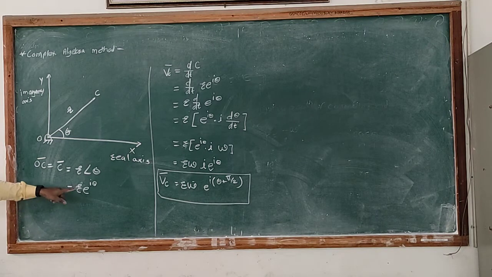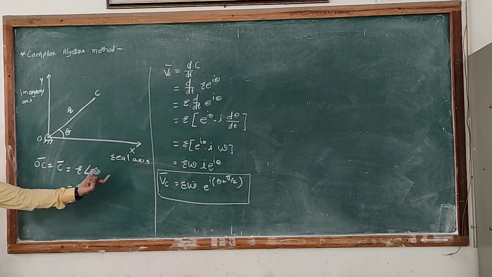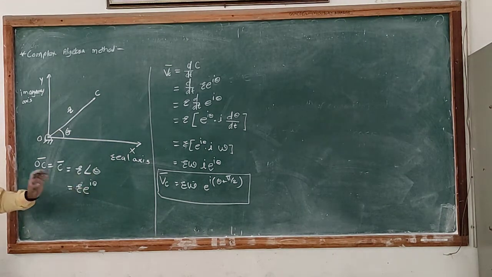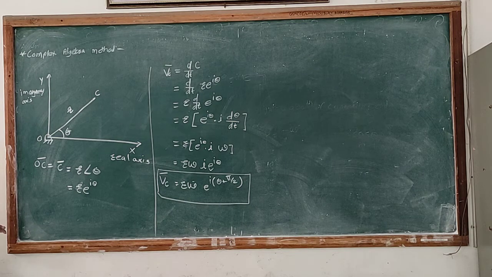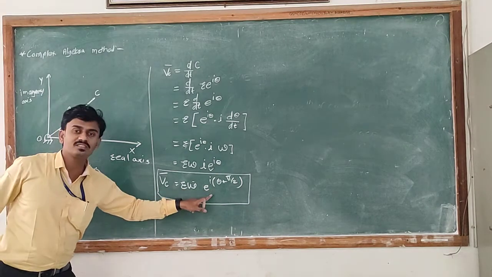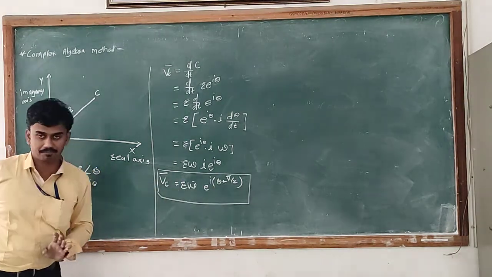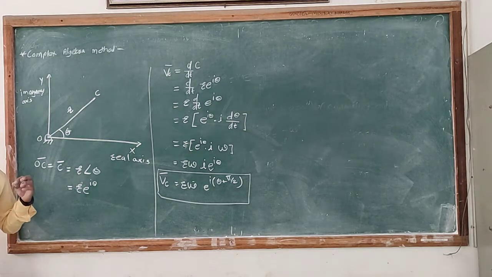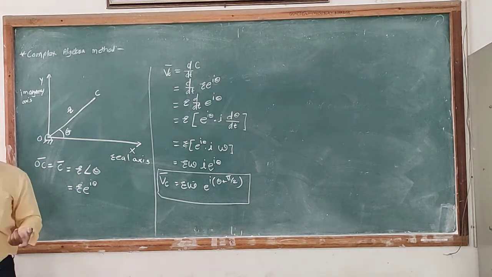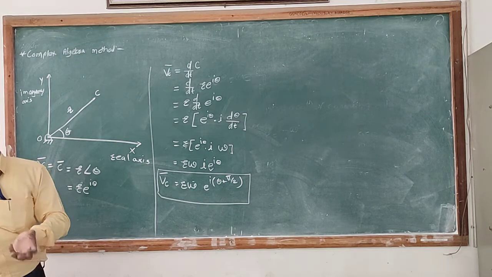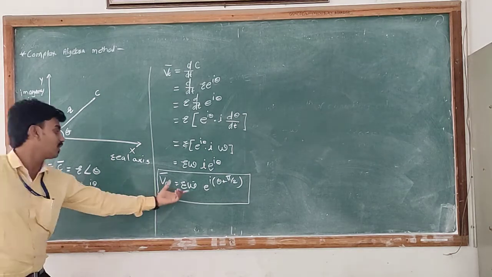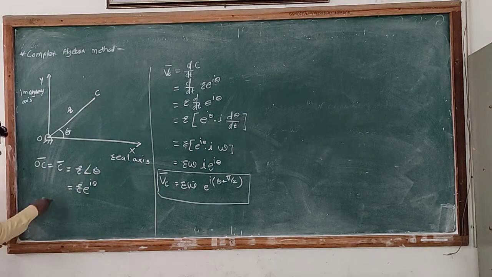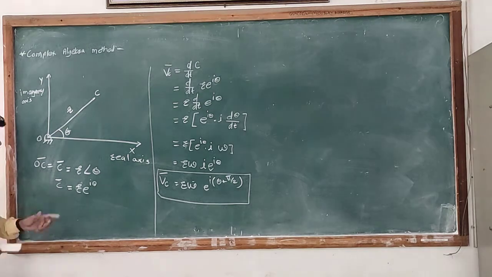If we compare these two equations, the angle difference between the position vector and the velocity vector is pi by 2, that is equal to 90 degrees.